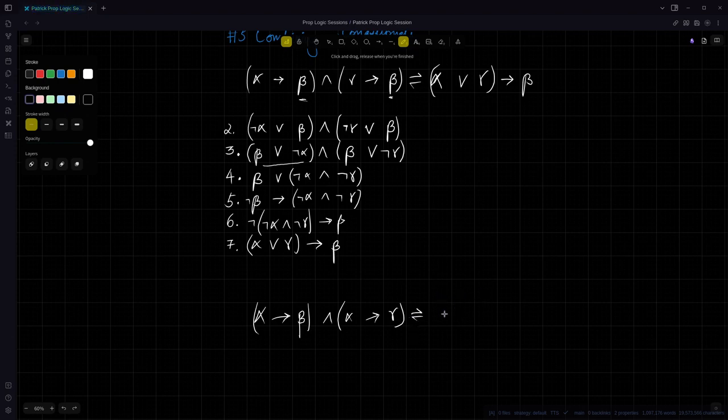And then you'll get what? Based on the book, it's alpha implies, but don't look at the book. Yeah, it's alpha implies beta and gamma.